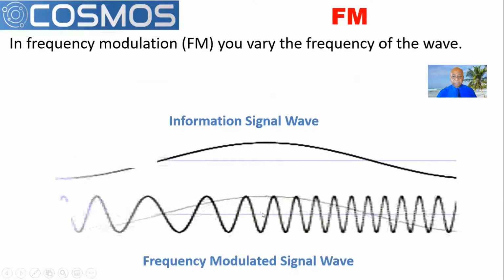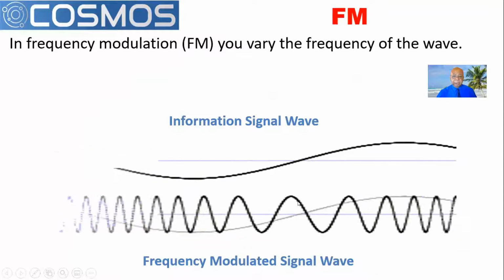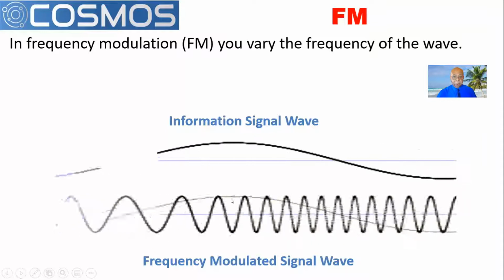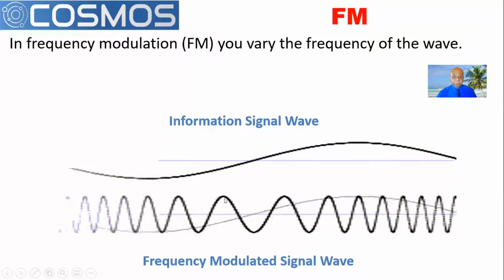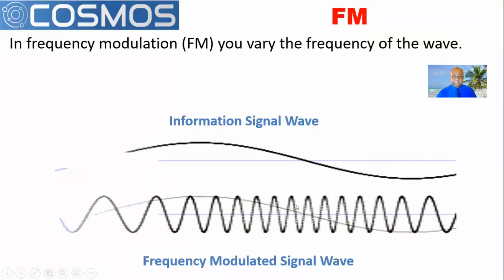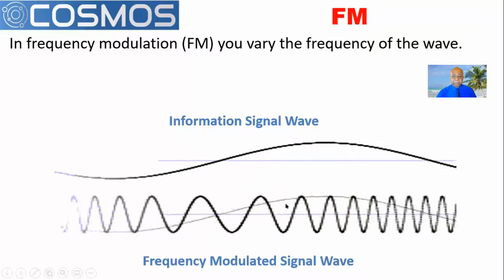So when you modulate the frequency, the crests all get closer together, or they get spread out farther apart. So that's how you modulate the frequency, and that is FM, frequency modulation. Okay?